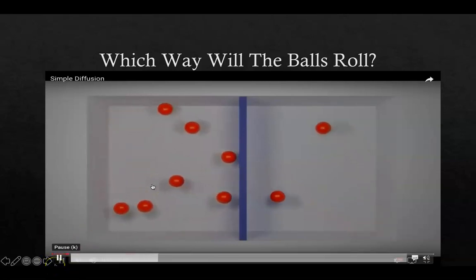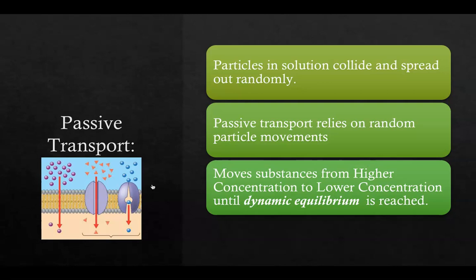As these balls or these particles move around, they bump into each other, they bump into their boundaries, and that causes them to change direction. And so that spreading out to an area of lower concentration is what actually drives passive transport.